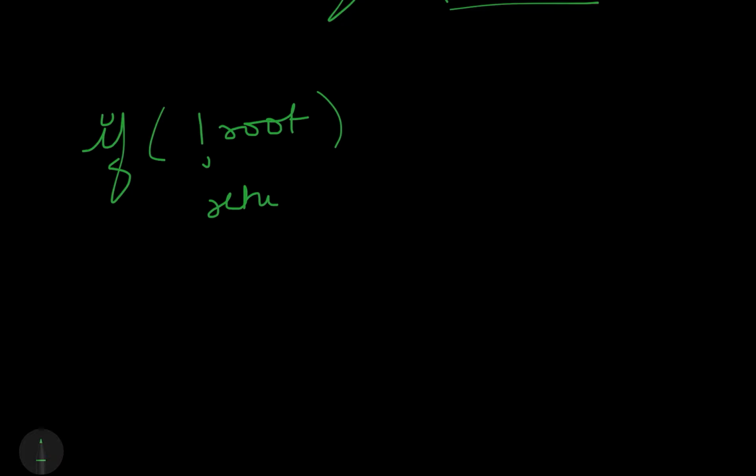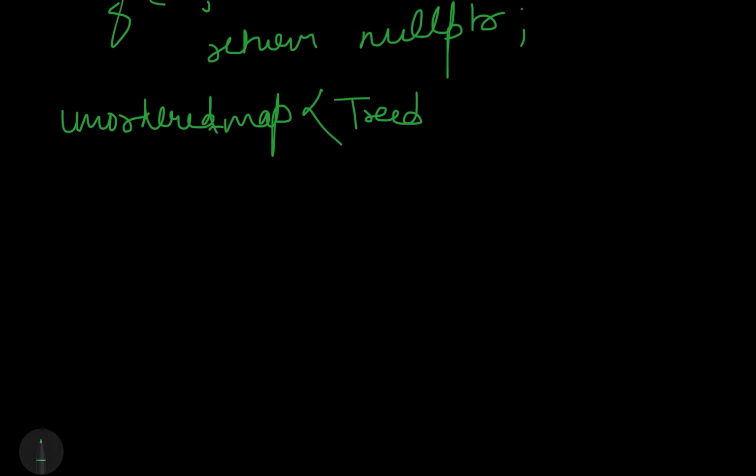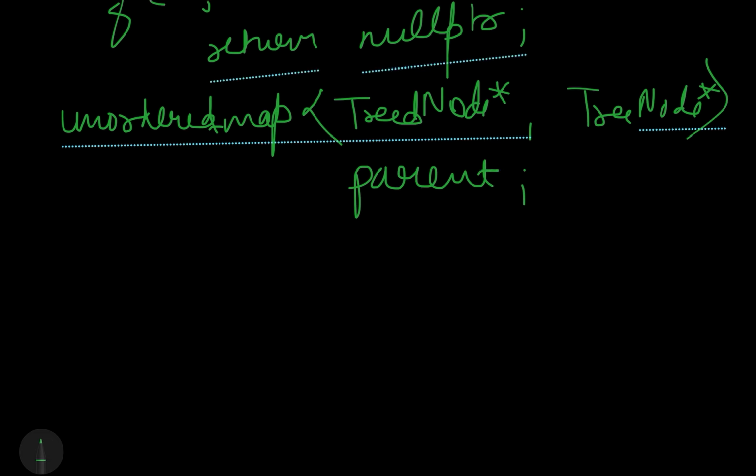Okay, now let's see how we'll write this in the code. First, we'll take an edge case that if our root node is empty, we'll just return a null pointer. Now we'll define an unordered map of tree node, tree node type, and name it parent because it will contain all the parent nodes.